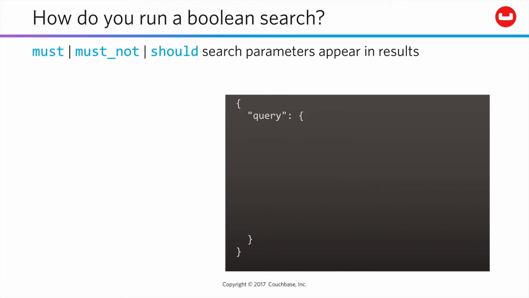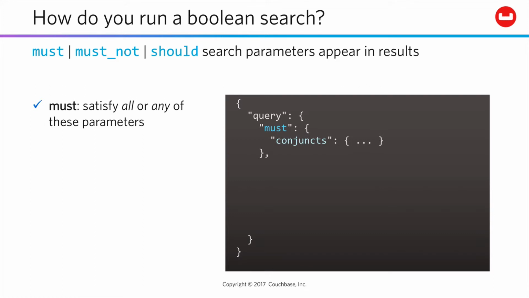A Boolean compound search could be thought of as perhaps a meta search of a set of conjunction and/or disjunction queries. Each result must satisfy all, or a minimum number, of the individual searches in the set, depending on whether you configure the must attribute as a conjunction or a disjunction.